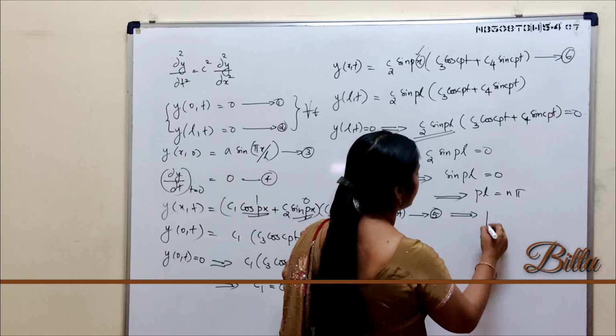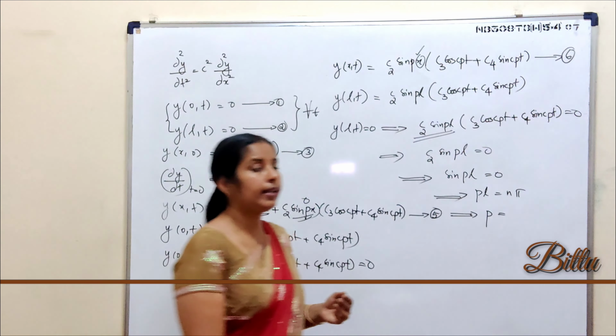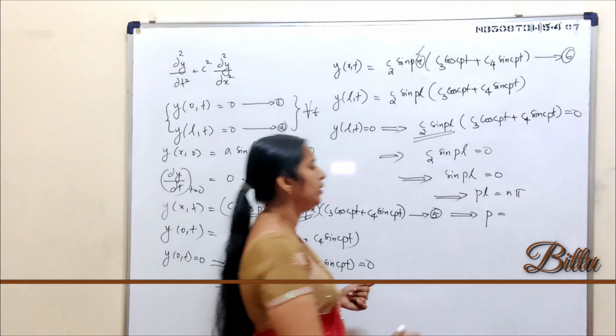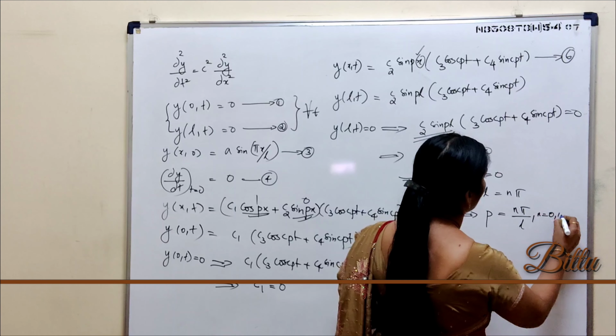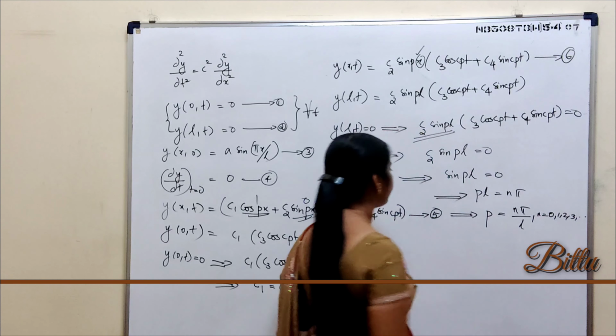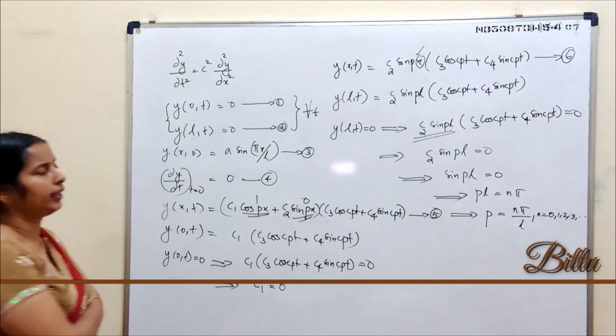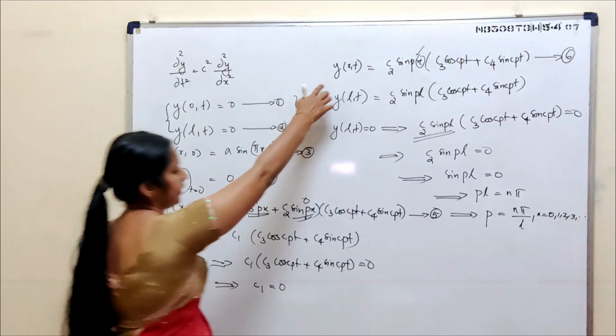Here the arbitrary constant is p, and l is the length of the string, which is a non-zero constant. So p = nπ/l for n = 0, 1, 2, 3, etc. You put the value of p in equation number 6.